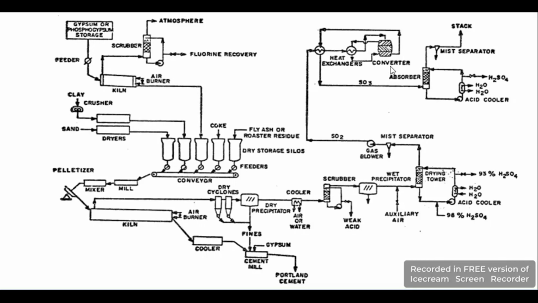During this reaction the temperature will increase, but with the help of a heat exchanger we will control its temperature. After that reaction we will get SO3, and it will go into the next section, which is the absorber. Here SO3 will contact the sulfuric acid, and finally we will get sulfuric acid, and the waste gases will go into the atmosphere.